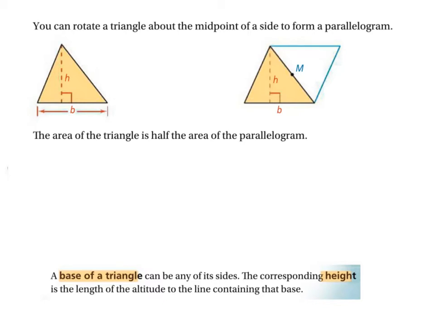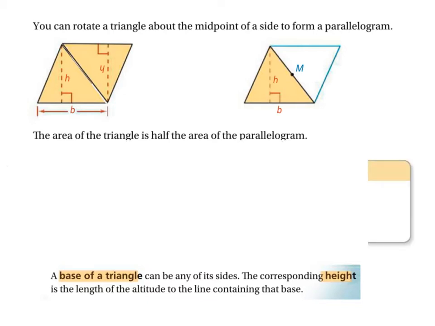And I actually have this copied, and when I rotate it and fill it in right there, we're getting a parallelogram that's got a base of B and an altitude of H. So base times height would give you the area of this. But the original triangle was only half of that. You can see that we doubled that in order to do that. So the area is half the area of the parallelogram, 1/2 base times height. It's a way that you can visualize what the formula is for this, okay?